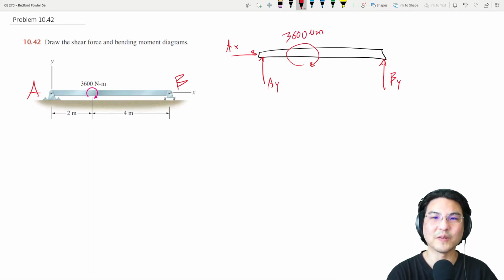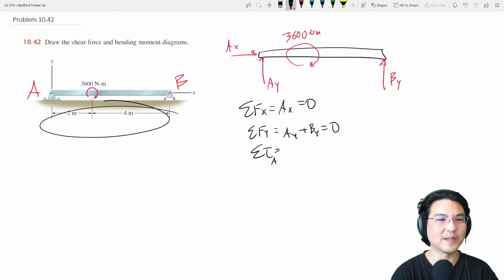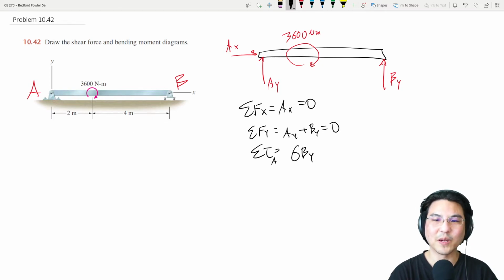Okay, so let's solve for those reactions. In the x direction, Ax; y direction, Ay; and the sum of torque about point A. This is 6 meters times By, and then this couple is actually going in the negative z direction, so that's minus.